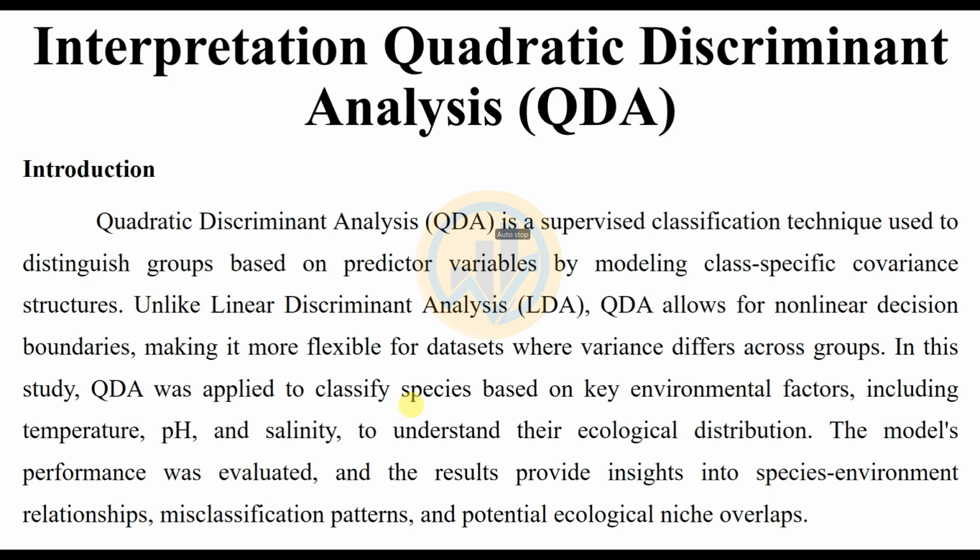In this study, QDA was applied to classify the species based on key environmental factors, including temperature, pH, and salinity. To understand their ecological distributions, the model's performance was evaluated, and the results provide insights into species-environment relationships, misclassification patterns, and potential ecological niche overlap.